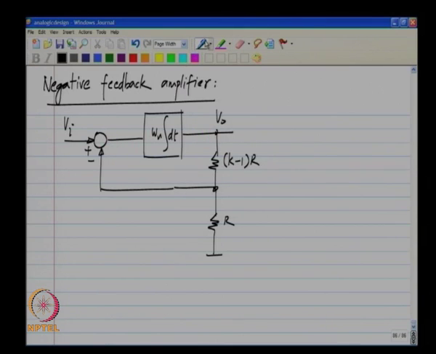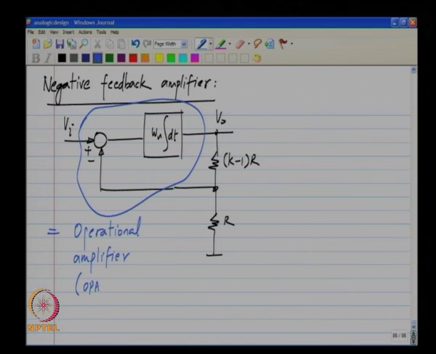Now, because this is so widely used, this taking of the difference and the integration is integrated into a single block, and it is a very familiar block, and this is known as the operational amplifier or op amp for short.